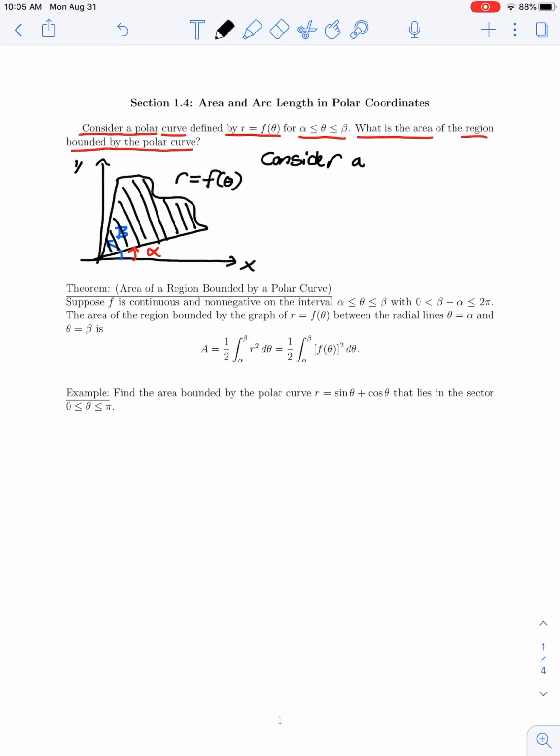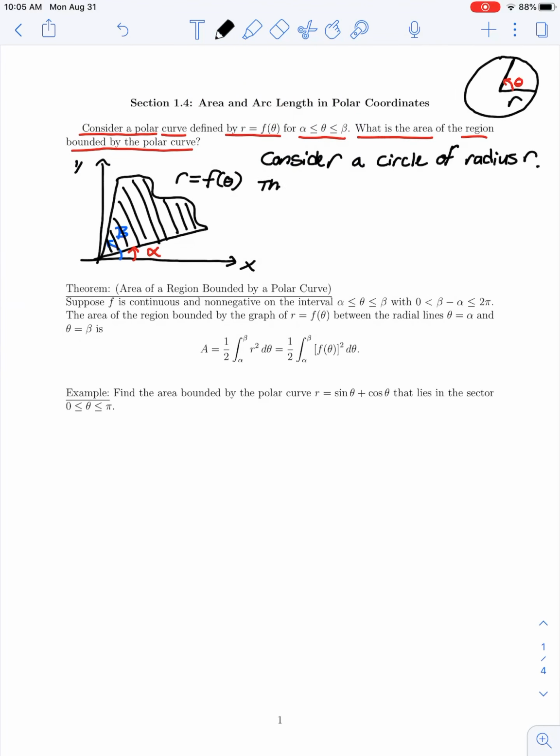So let us consider a circle of radius r, and we want to find the area of some sector of this circle, that is just some part of this circle, determined by an angle measure of theta. We want the area of just that portion of the circle.